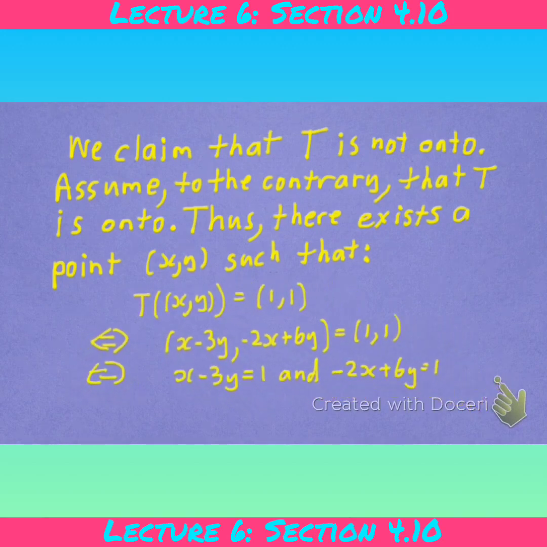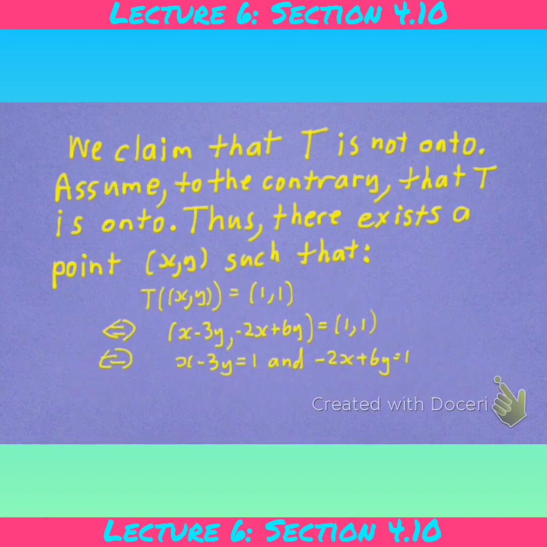Okay, so what can we say from there? Right, so take that expression there, and we're going to add that to twice that expression there. And we know that that is equal to 1 plus 2, which is equal to 3.